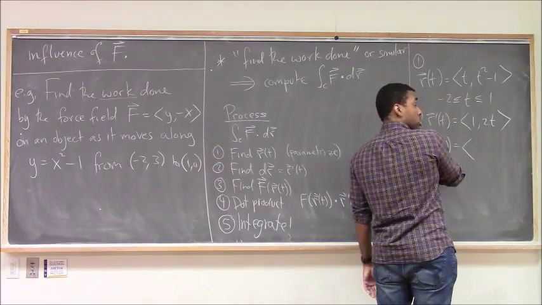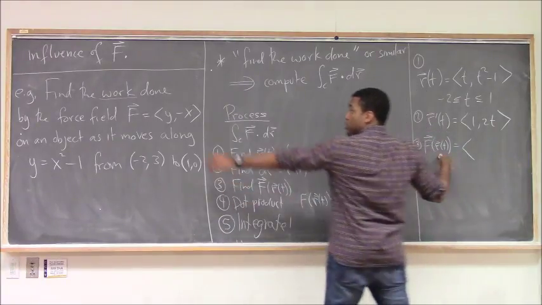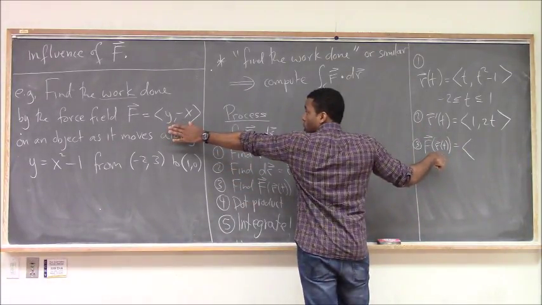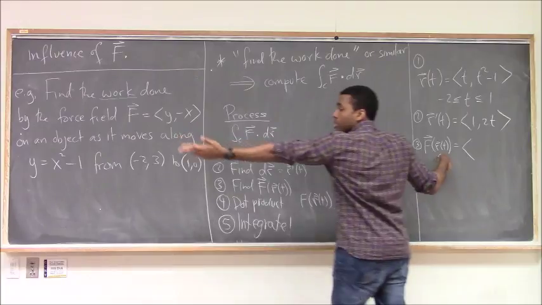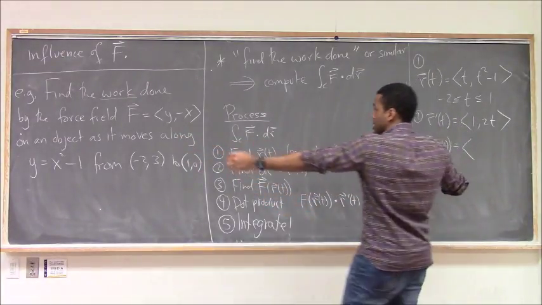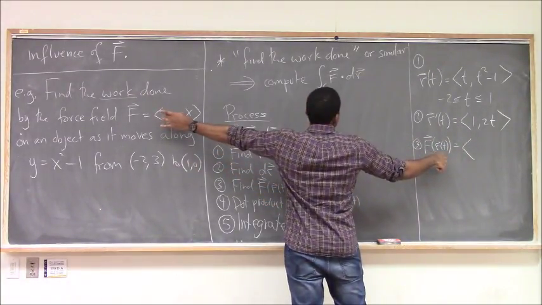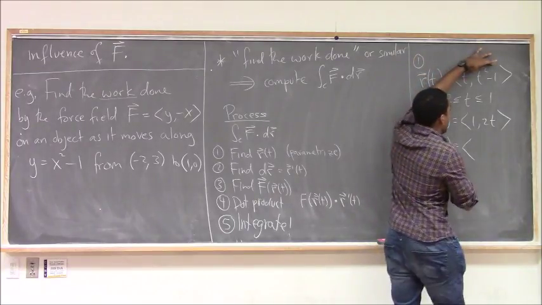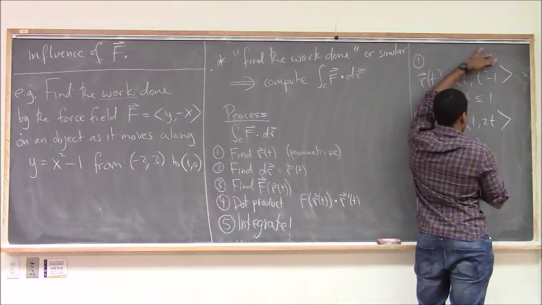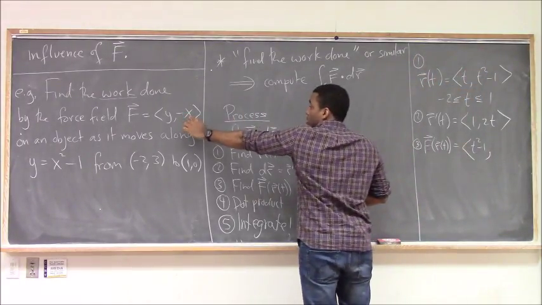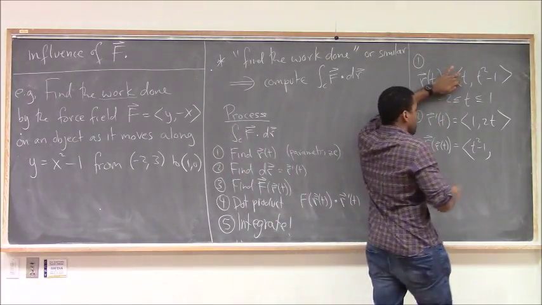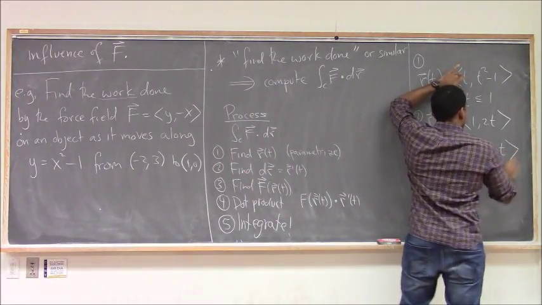What we have to do is go to where the F is defined for you. They have to tell you what kind of environment you're in, or you'd have to know through some kind of research or analysis. So it's the y coordinate, which here is t squared minus 1, comma the negative of the x coordinate, which in my parameterization is just minus t.